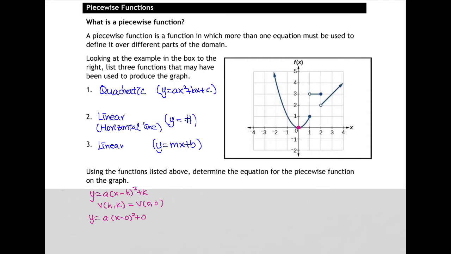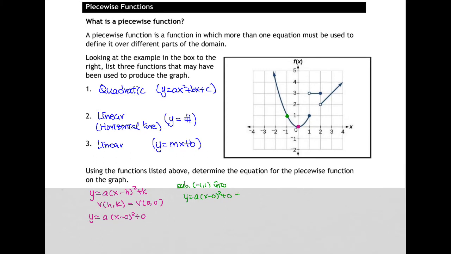So we're going to substitute a point that is on the curve to find the value of a. As you can see from this graph, there's a clear point that we can see, negative 1 and 1. So we substitute negative 1 and 1 into y equals a, x minus 0 squared plus 0 to find a.